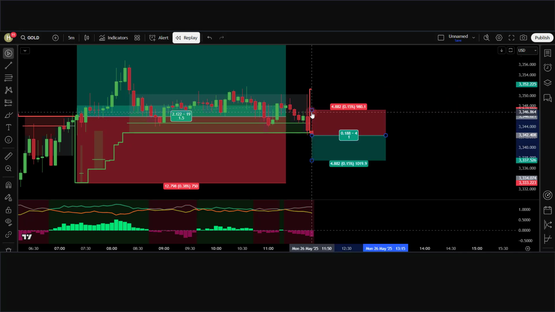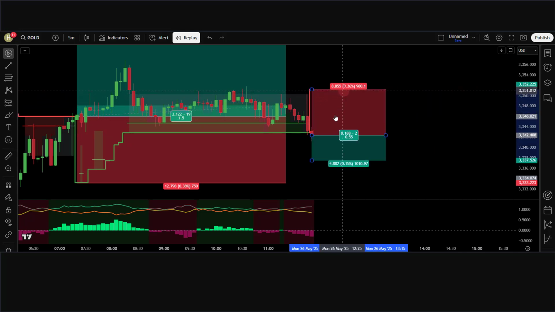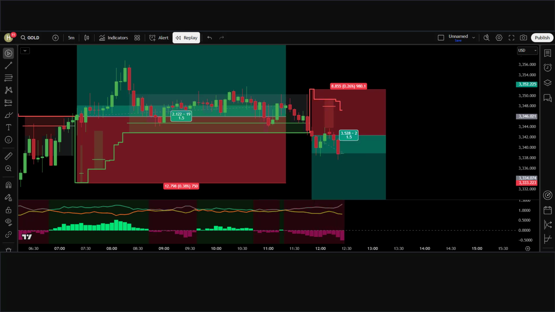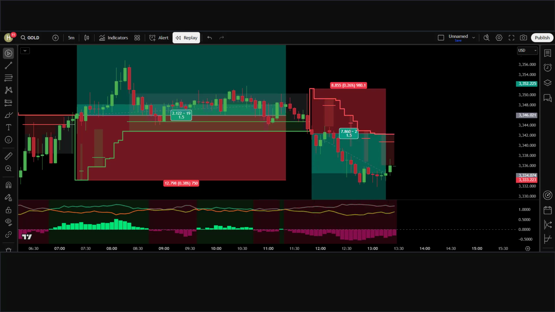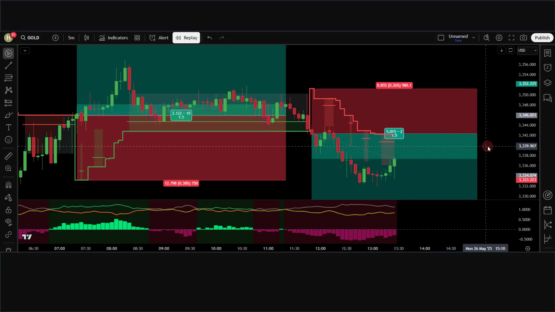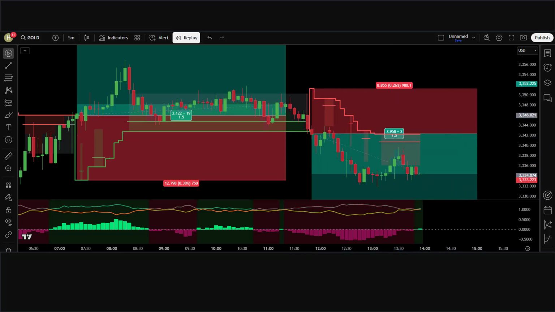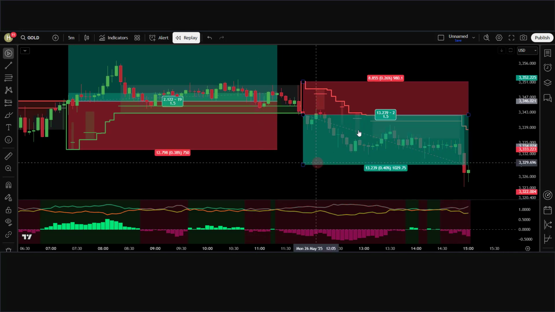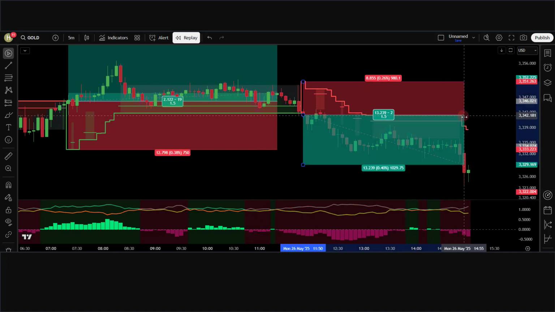Our stop loss will be placed at the Supertrend line of larger trend indicator. And the risk to reward ratio will be 1:1.5. Let's see what happens to our trade. Our trade is running in profit. We have won the trade. Wait for the next signal.